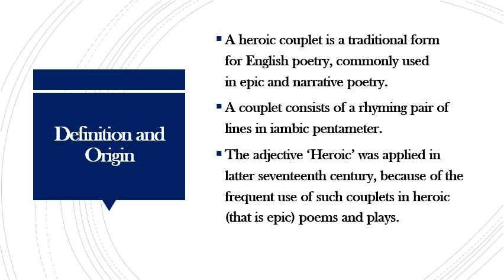So in this way, in a line of a couplet, there is a regular, disciplined pattern of 10 syllables divided into 5 groups, and in each group there will be 2 syllables, one weak followed by one strong syllable.